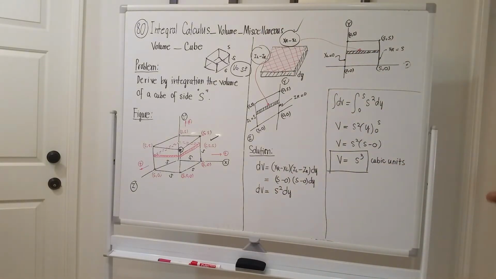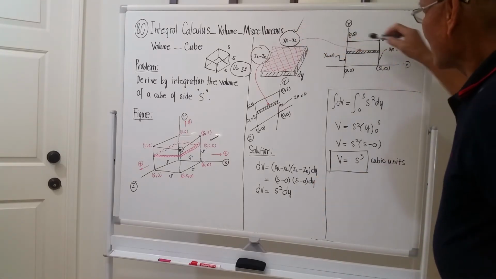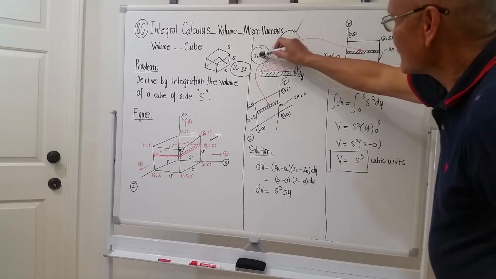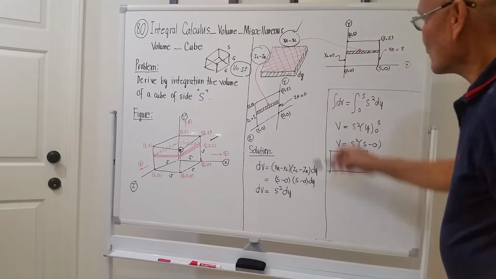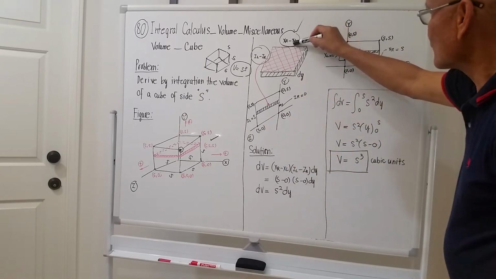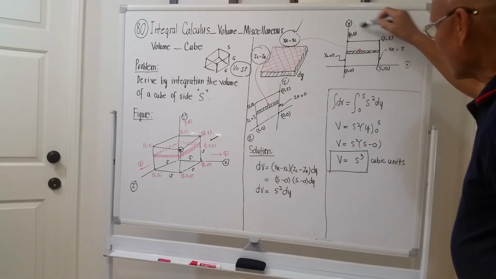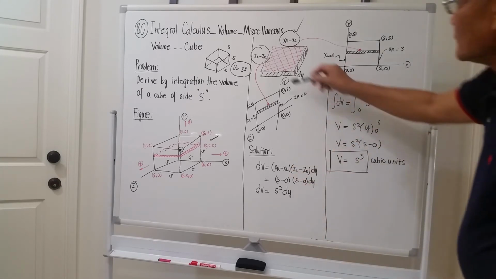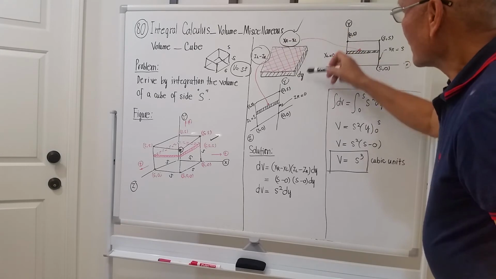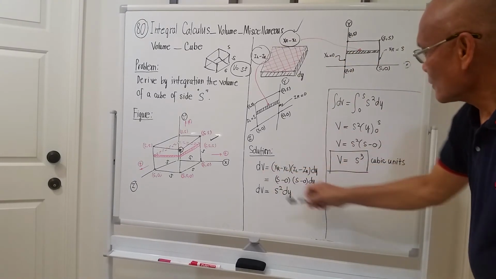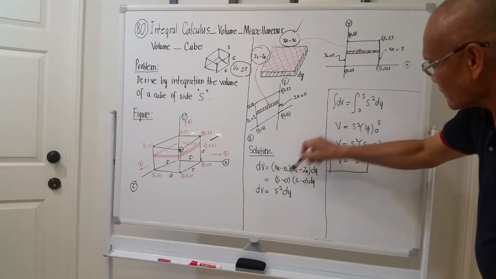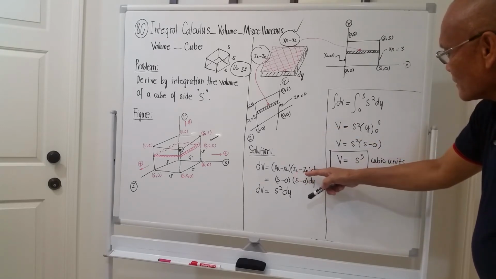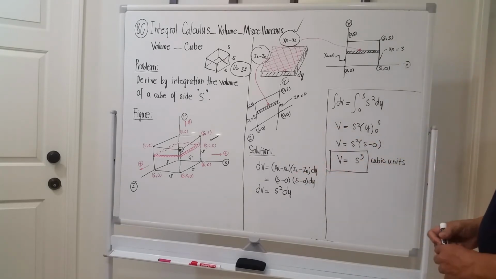So you can imagine that this XR and XL come from this, considering the XY plane, and this ZL and ZR come from this, considering the YZ plane. So if we take this area here times the thickness, the differential volume will be the quantity XR minus XL times the quantity ZL minus ZR times the quantity dy.